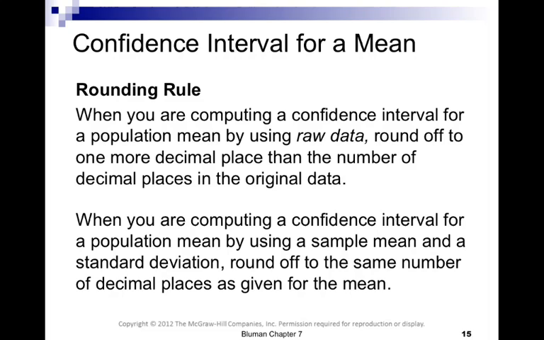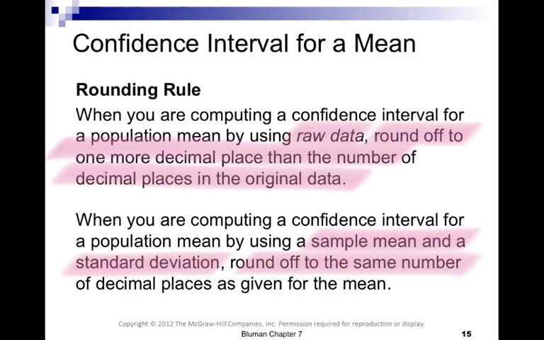That's something you want to remember when you use raw data. And when you're computing a confidence interval by using the sample mean with the standard deviation, you round off to the same number of decimal places that you're given in the original problem.